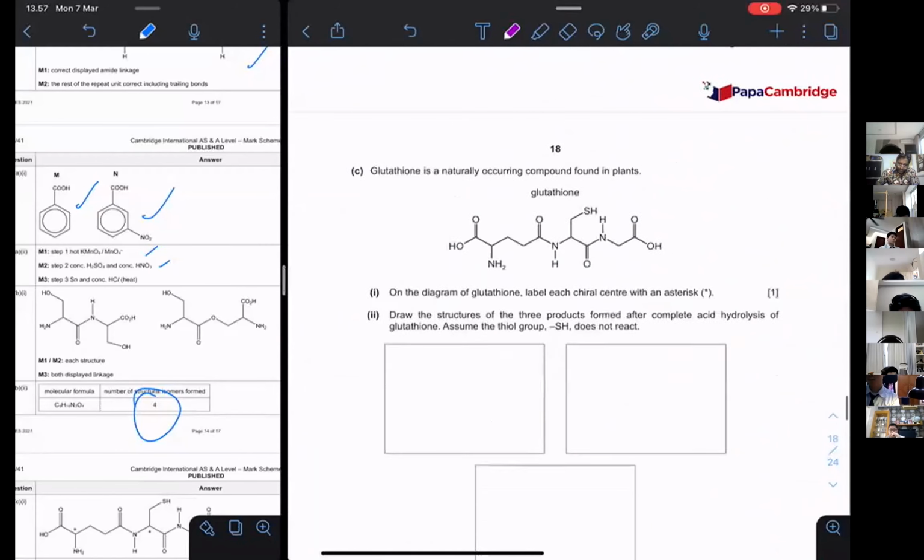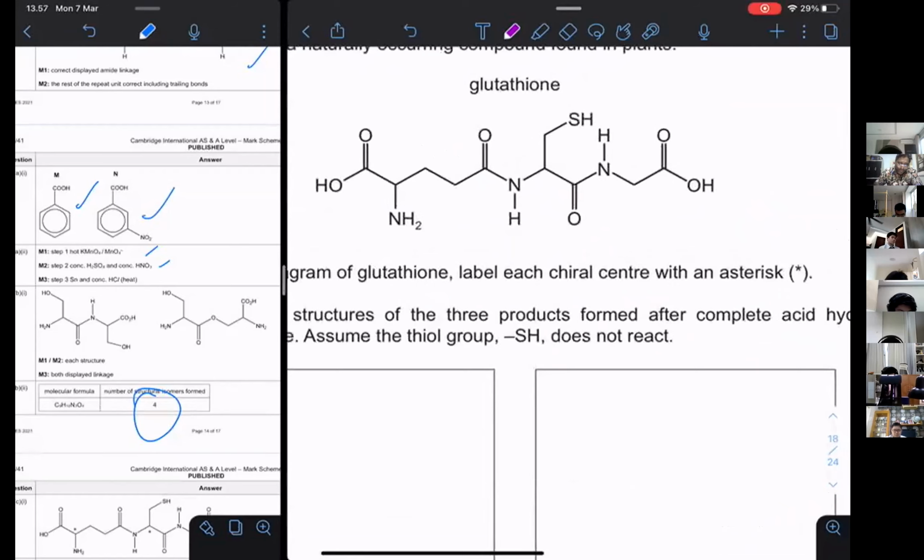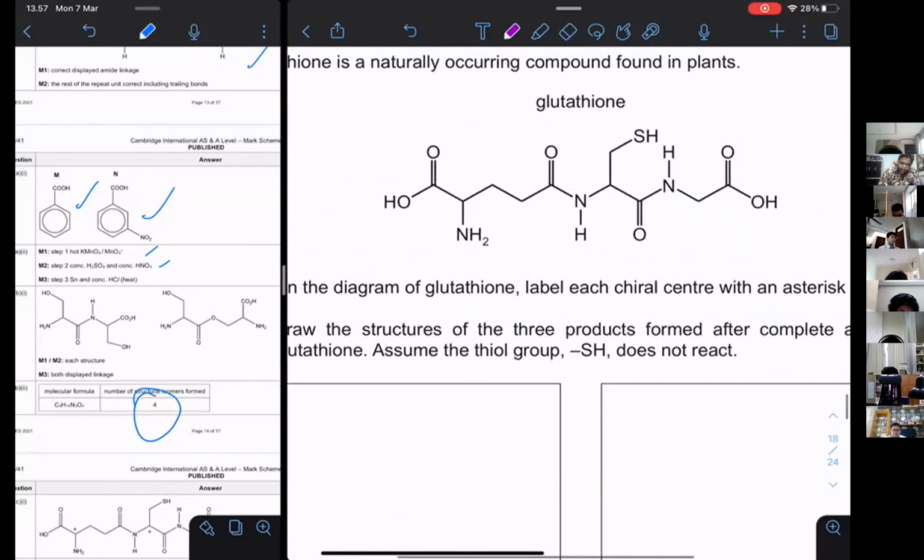Now this is going to be a naturally occurring compound found in plants. In this compound, label each chiral center. A chiral center must have 4 different groups. If I have this, I know this is a different group, and this is a different group, and this is hydrogen.